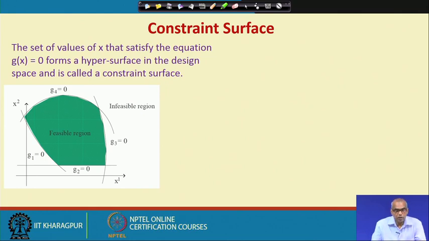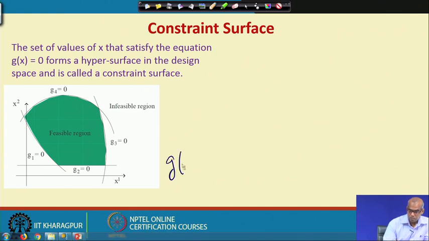Next, let us talk about constraint surface. The set of values of x, that means decision variables, that satisfy the equation g x equal to 0 forms a hypersurface in the design space and is called a constraint surface. So, you have g x greater or equal to 0 as constraints. Now, let us say in this example I have 4 constraints g 1, g 2, g 3, g 4.